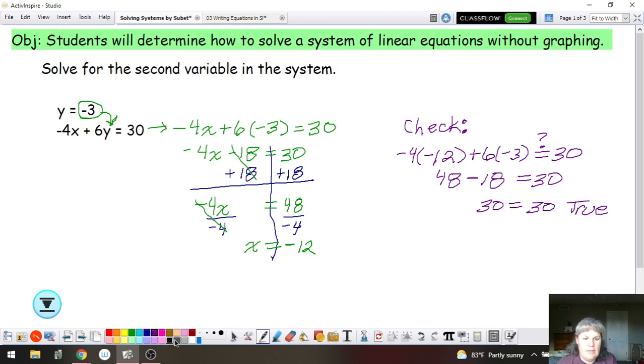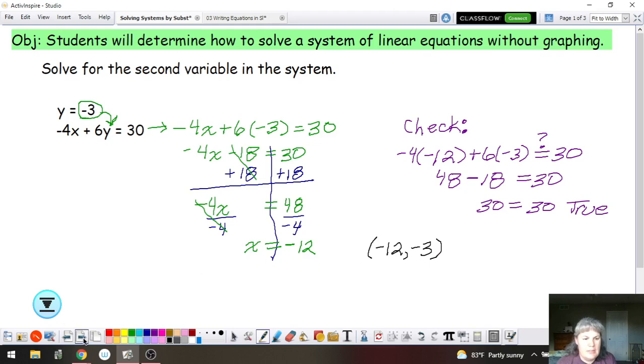So we did find x correctly, and because what we have is an ordered pair, we have the location of the point where two lines are intersecting. We have x is negative 12 and y is negative 3 in an ordered pair.